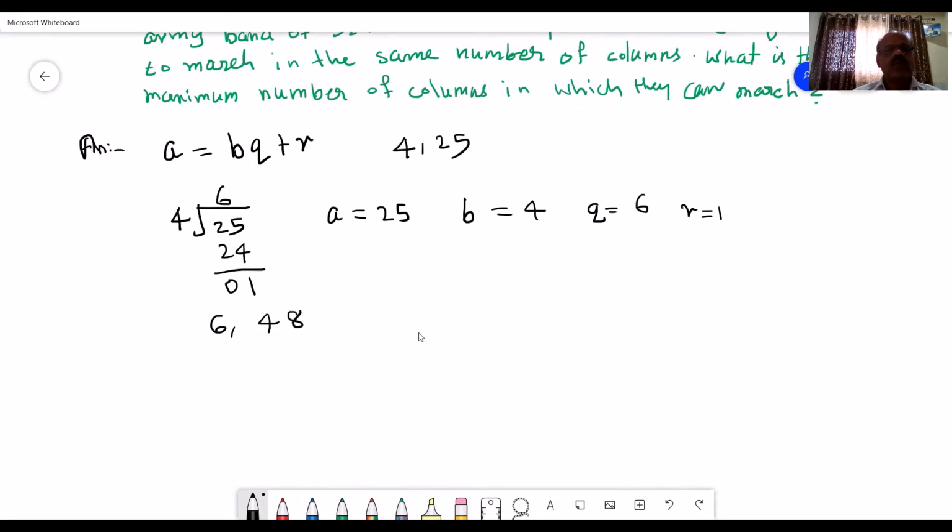Now I am going to link this with a = bq + r. In this 4 and 25 case, we can write it as 25 = 4 multiplied by 6 plus 1. When we convert 4 and 25 into this form, it comes as 25 = 4 into 6 plus 1.